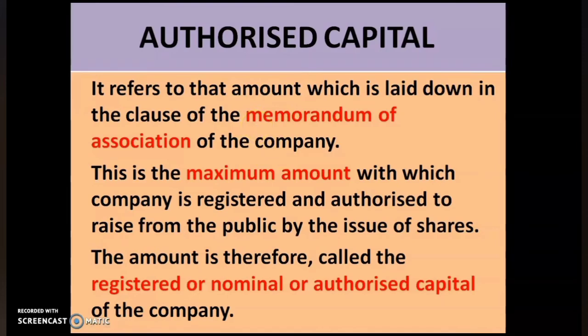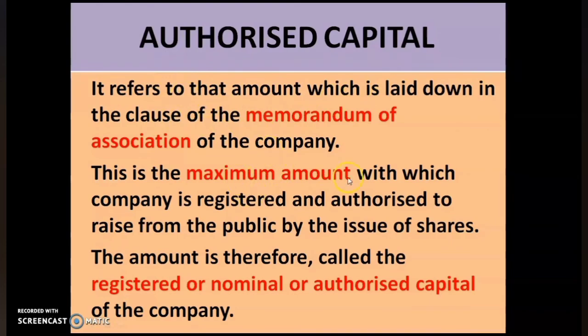In the incorporation stage, they have to present a memorandum of association to the registrar. At that time, in the memorandum, there are some clauses in which the authorized capital of the company has to be mentioned. So whatever amount you have written in the memorandum of association, that amount is referred to as authorized capital.